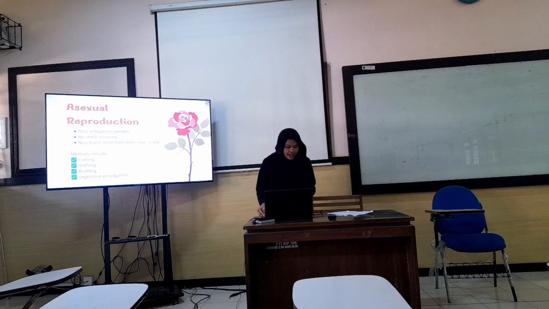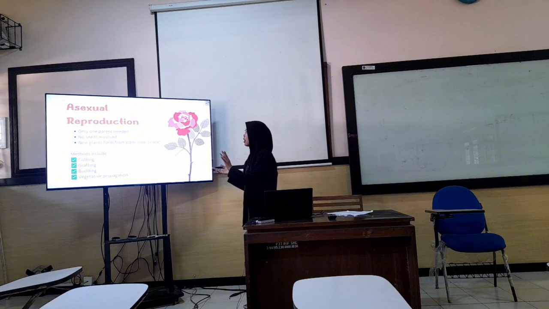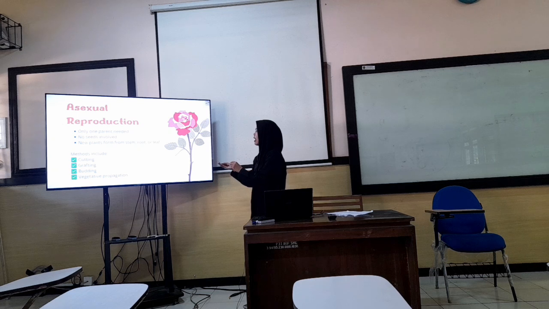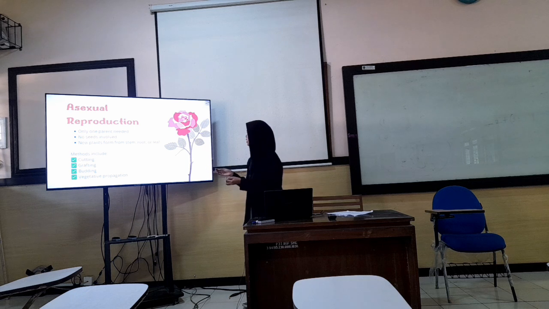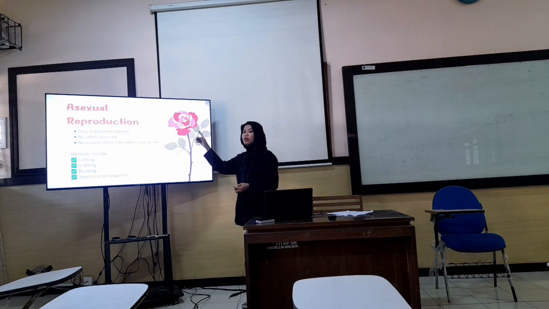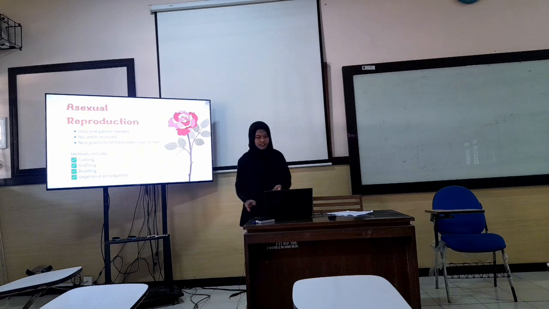Okay? And the next one is vegetative propagation. So vegetative propagation is actually a general term for all the methods where the plants grow on their own, from their leaf, roots, and from the stem. Okay?